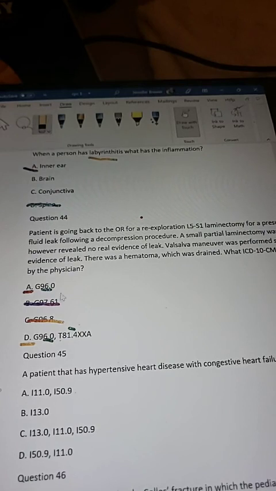But I don't see anything in here about like they were hit in the head with a baseball.